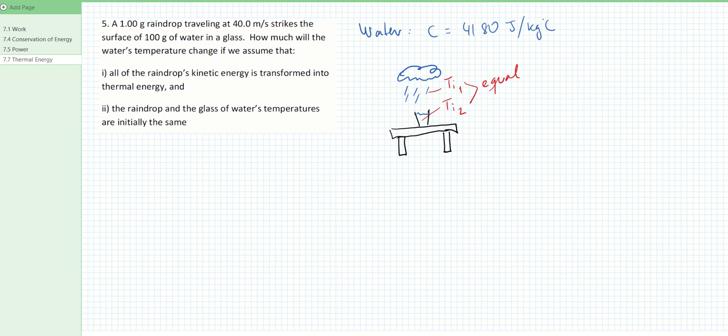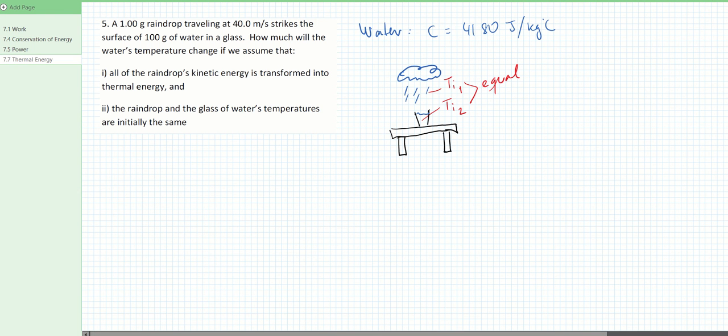So we're not considering potential energy here, even though we could, because it's falling from a certain height, so it has potential energy, which then transforms into kinetic energy. But to make things a little less complicated, we just say that it only has kinetic energy, and all that kinetic energy is going to get transformed into thermal energy.